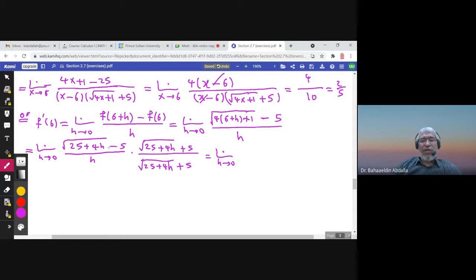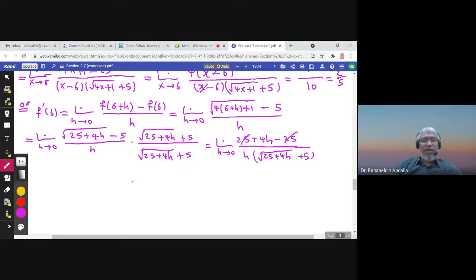Multiply the two numerators: u squared will be 25 plus 4h, minus v squared, which is 25, over h times the square root of 25 plus 4h plus 5. 25 cancels with 25, and you can also notice that h now cancels with h.